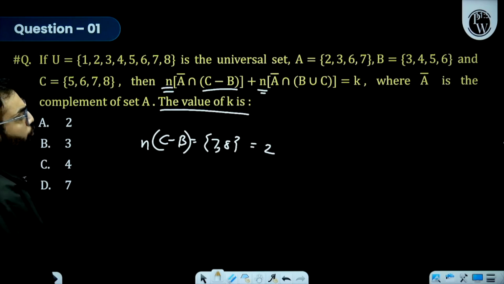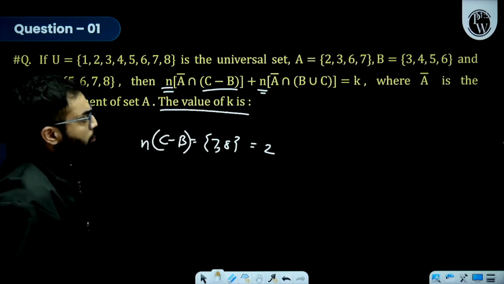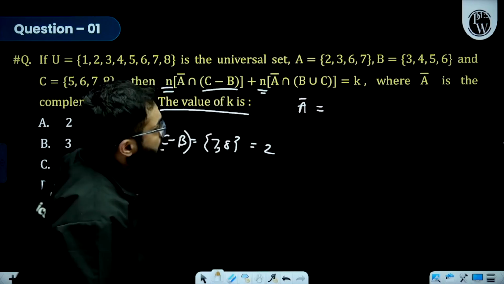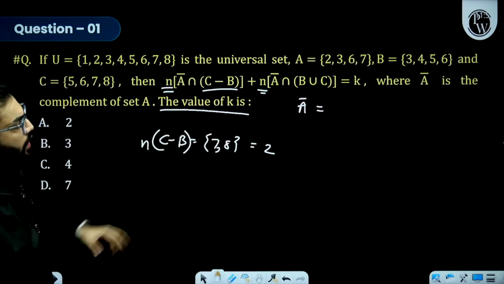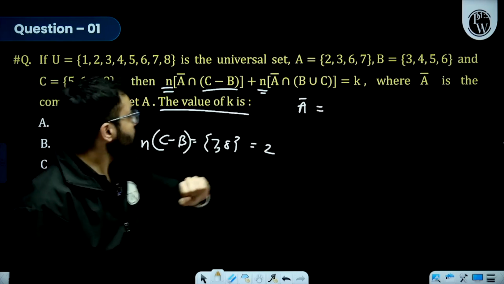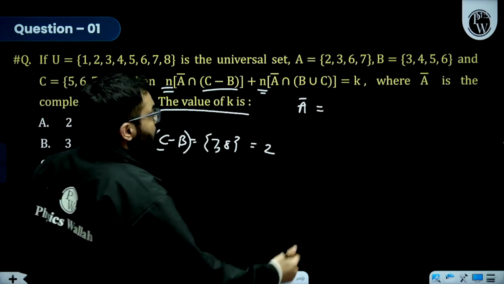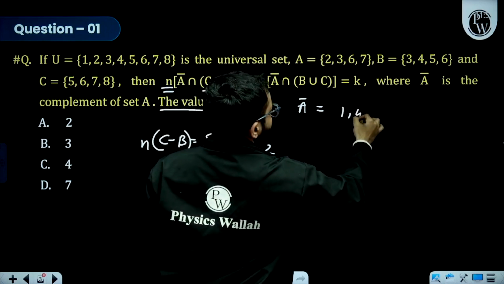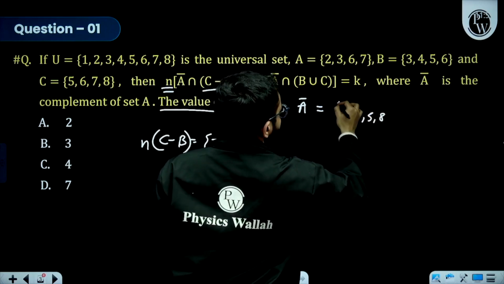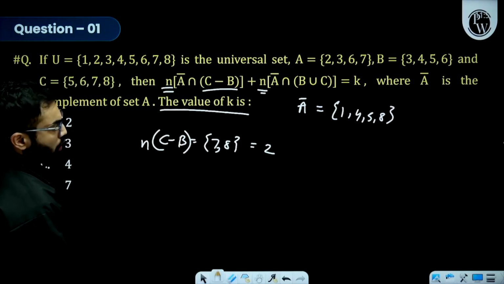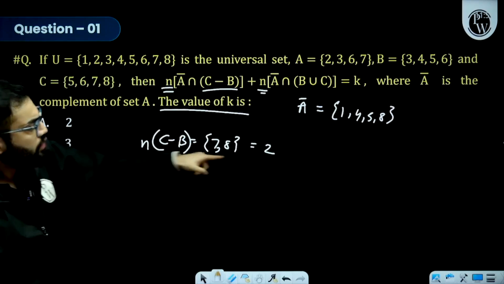Other than that, we need to take its intersection with A complement, so A complement is an important set. Let us find the complement set of A. A contains 2, 3, 6, 7. So if you remove 2, 3, 6, 7 from the universal set, we are going to be left with 1, 4, 5 and 8. This is going to be the A complement set. And we need to now take the intersection of these two sets.